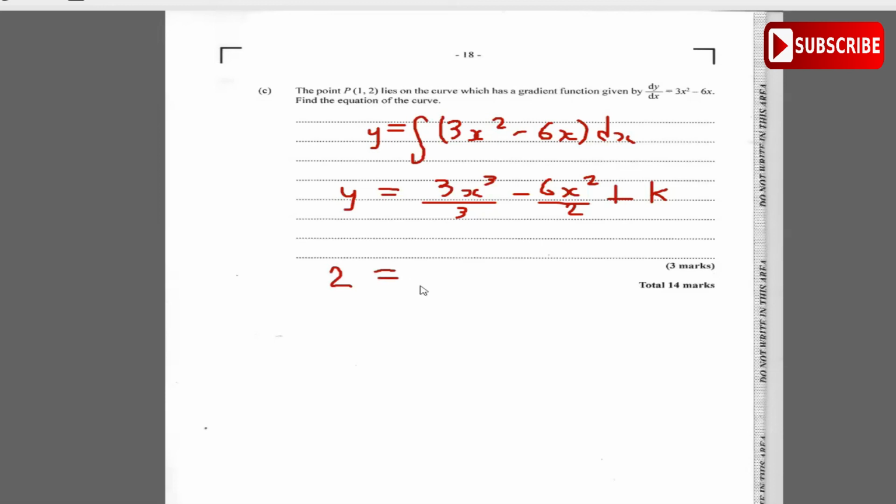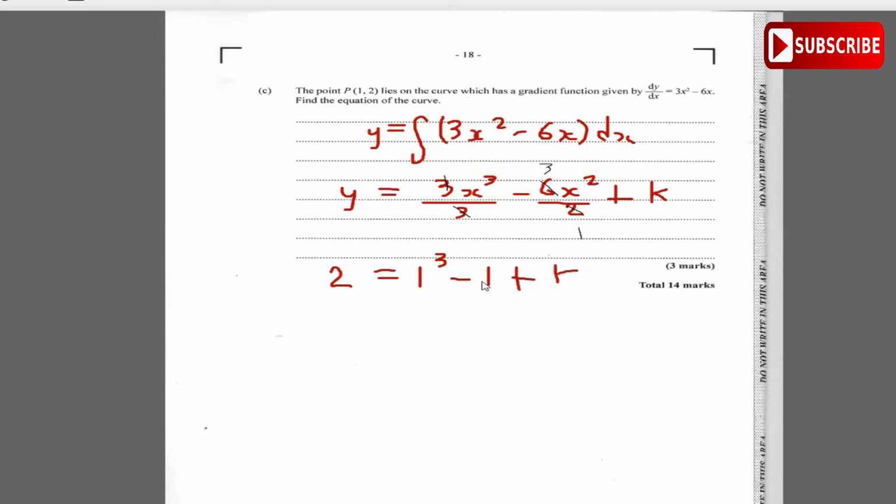So 2 is equal to 1 cubed. And you wonder why I didn't put 3, because this 3 cancels this 3, and this 2 goes into itself 1 time. 2 into 6 goes 3 times. So what we end up getting is putting in 1 cubed minus 3 times 1 squared. 1 squared is 1, so it's 1 cubed minus 3 plus k.